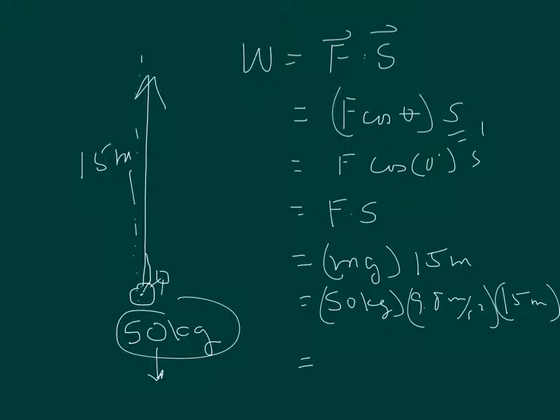And we see that we have 7350 joules of work. Kilogram meter squared per second squared. As a final note, the correct number of significant figures is really only 2, so we would say our answer is 7,400 joules.